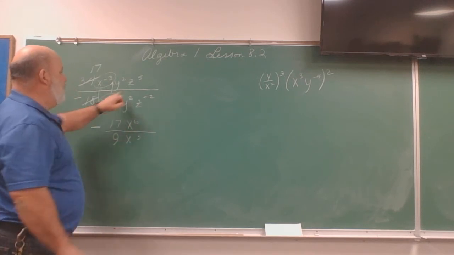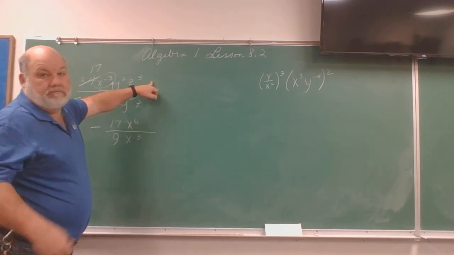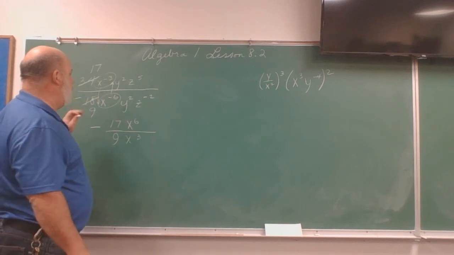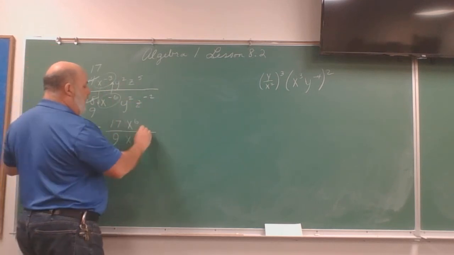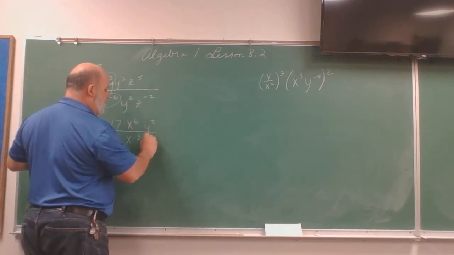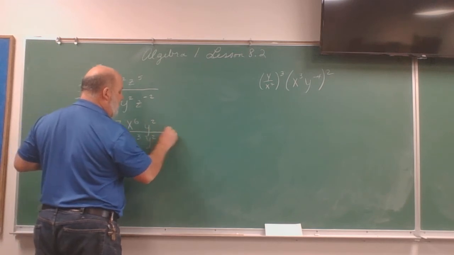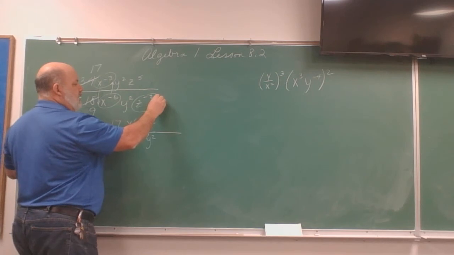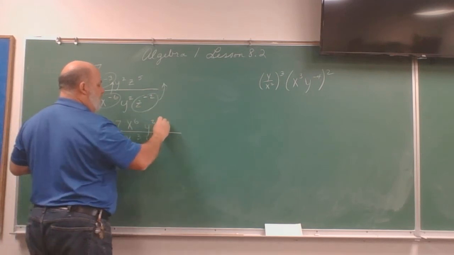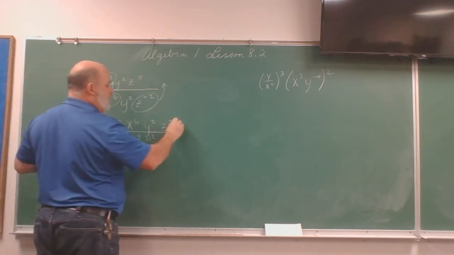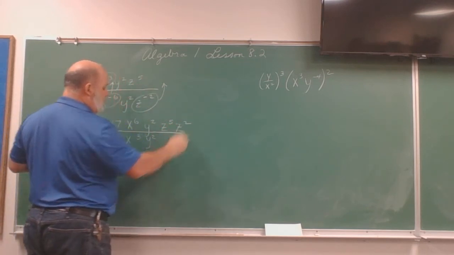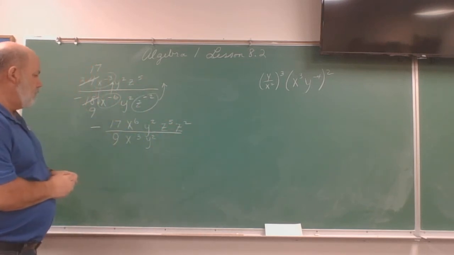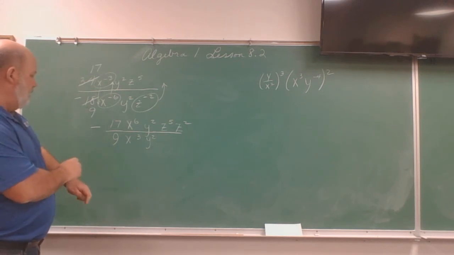By the way, if you put it way out here on the end, it doesn't matter. It can go anywhere in here. The y squared, I said I wasn't going to cancel anything yet, so I won't. This z negative 2 comes up, and I have still the z to the 5 that's already there, and now the z squared, which has moved up. Now let's cancel and do whatever we can.